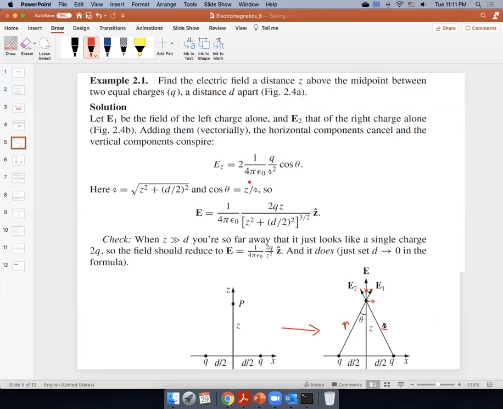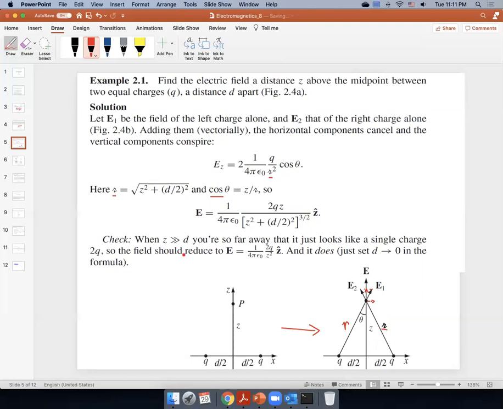So here, the distance R could be calculated in this way. R equals the square root of z squared plus d over 2 squared. Then cosine theta equals z over R. So if you take R and cosine theta into this equation, you will have E equal to this equation. And the direction is in z direction. It's going up.